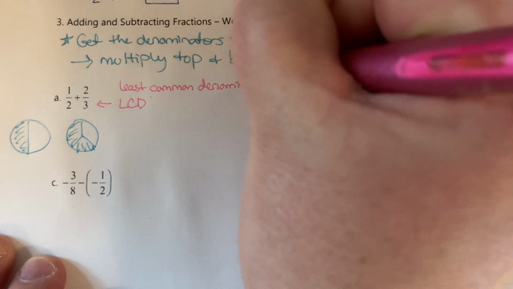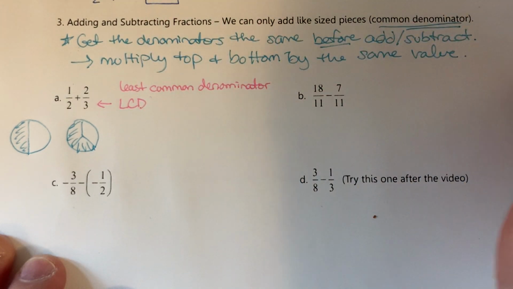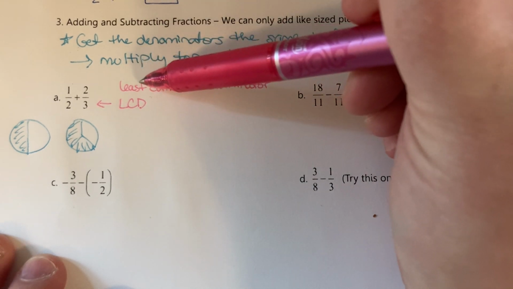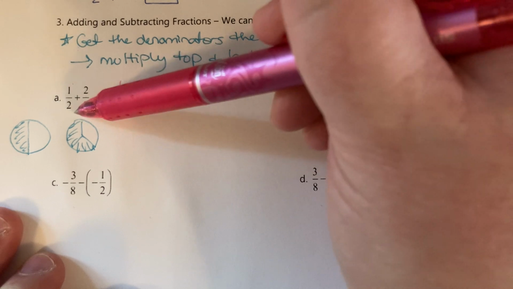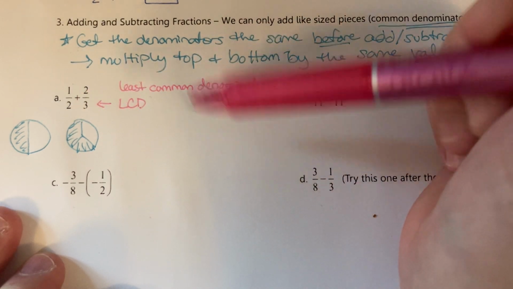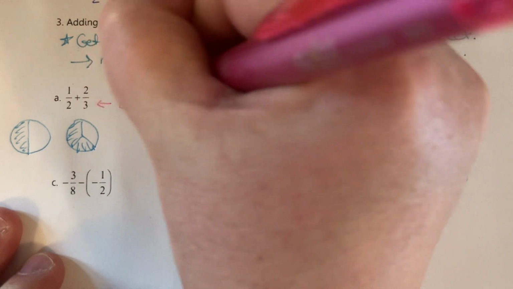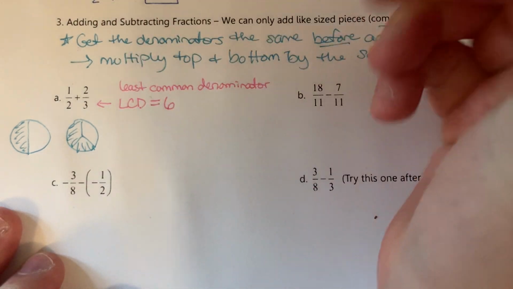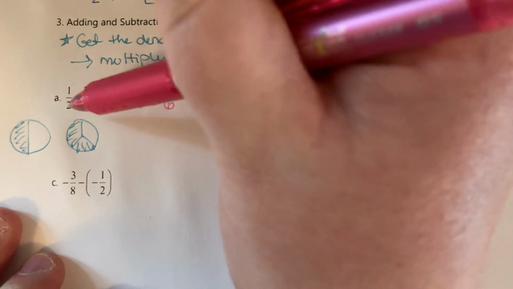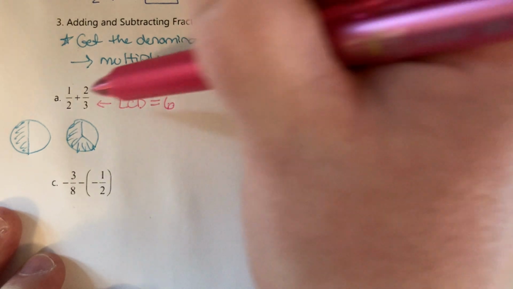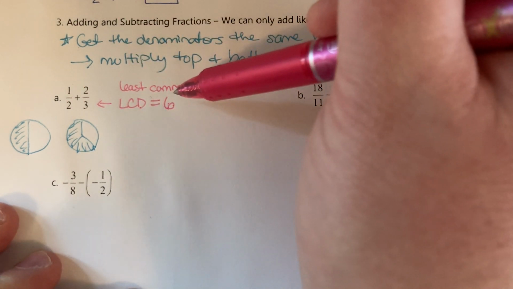It turns out we just need a common denominator, but we should strive to make it the smallest number possible. And what that means, it's the smallest number that both 2 and 3 go into. So for 2 and 3, the least common denominator is 6, because 2 divides into 6, 3 divides into 6, they both work. But there are other common denominators.